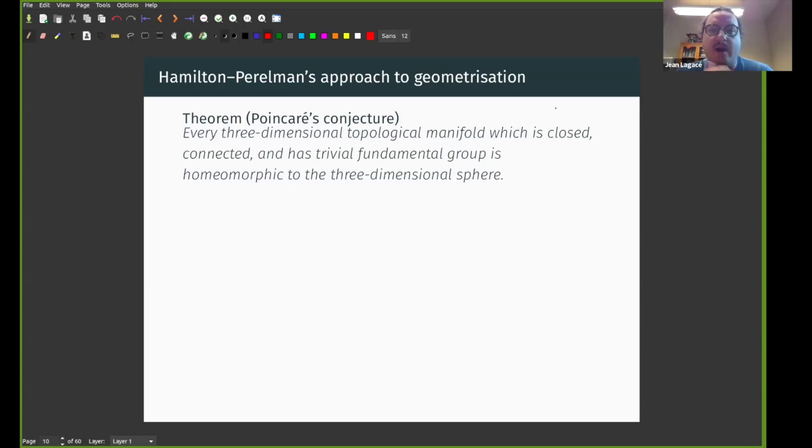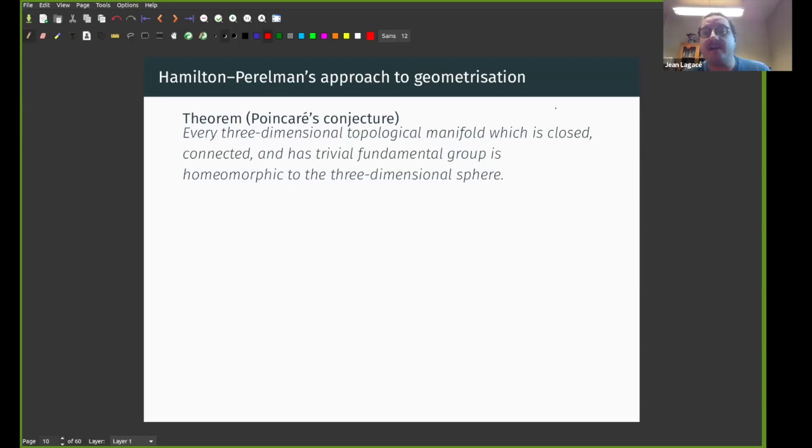And in a way, this is the base case in extending to dimension 3 the classical classification of surfaces result, which in the base case tells you that if the fundamental group of a closed surface is trivial, then it's the two-sphere.